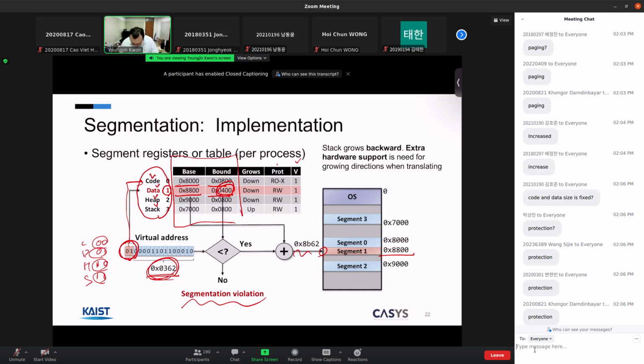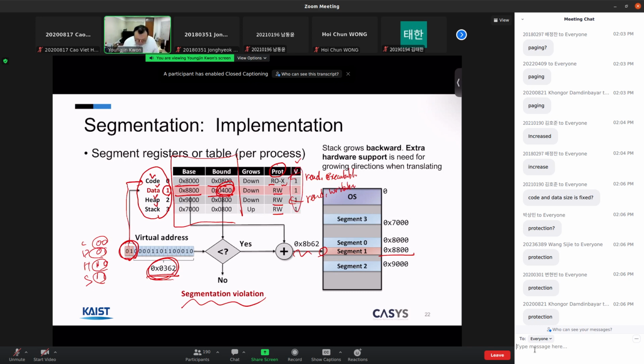The second thing is protection. This segment is read only, and heap, stack, and data are read-write. There is some protection.